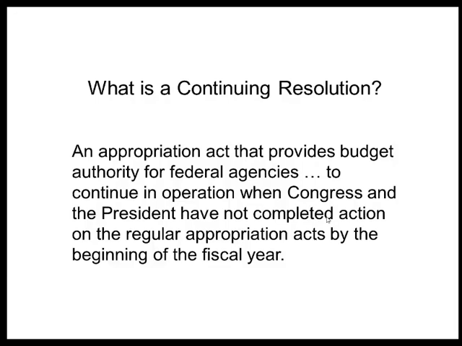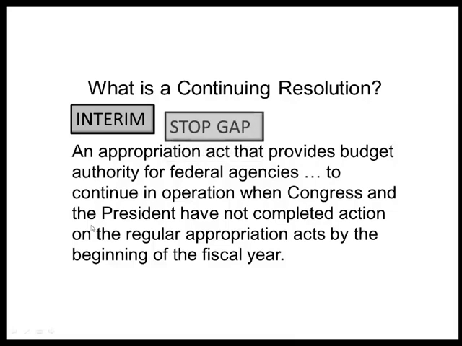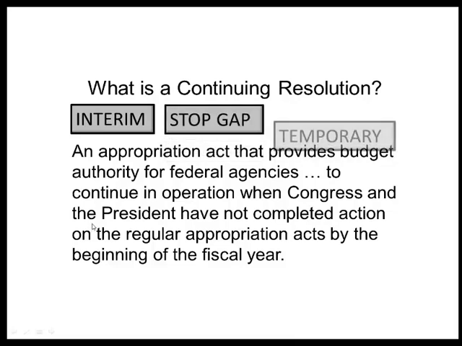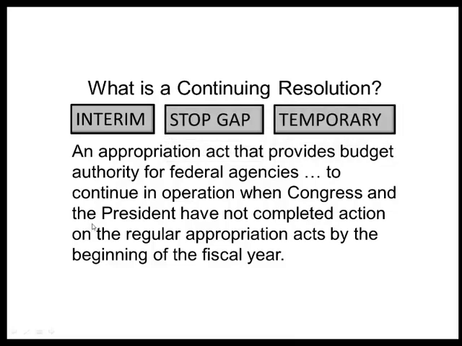But when Congress cannot get their appropriations work done in a timely manner, they use a continuing resolution as a fallback maneuver. That's why you frequently hear continuing resolutions described as interim, or stopgap, or temporary legislation.